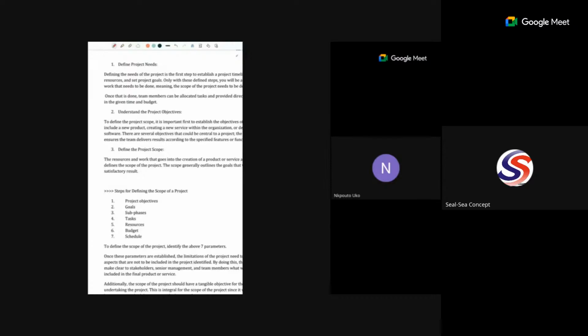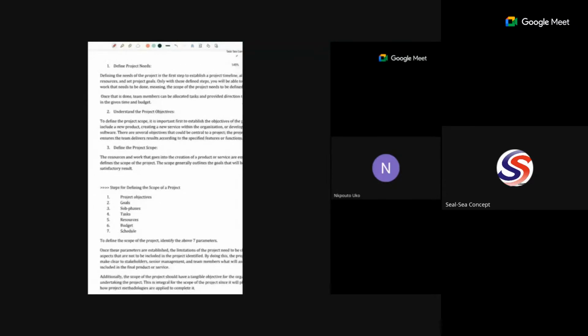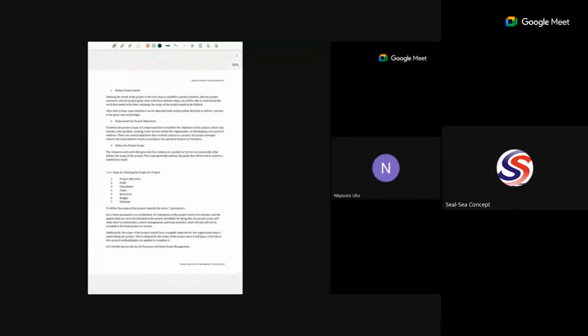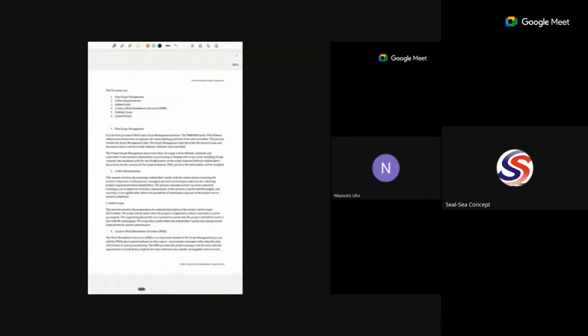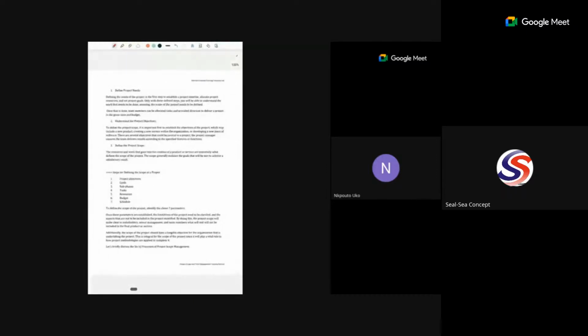Now, the third one is that you need to define the scope of your project. It is very important. This is where you have what? The scope of your project. That's the statement of your project. So you need to actually define the project scope.